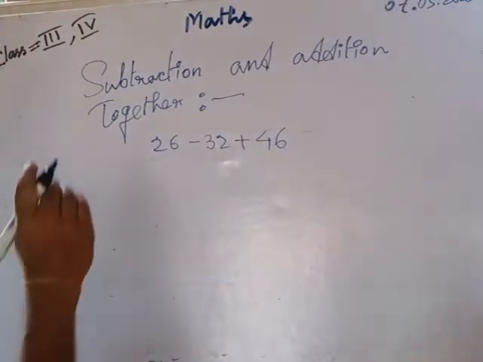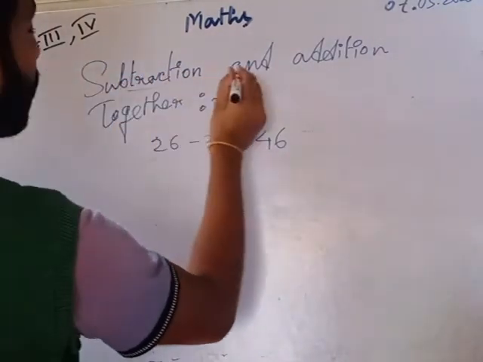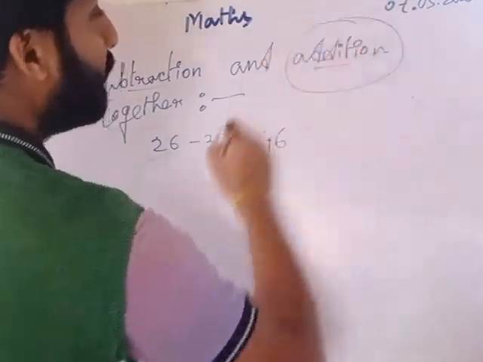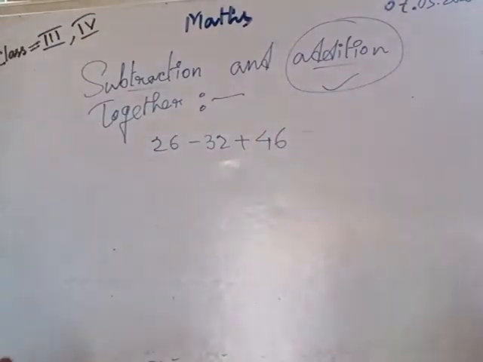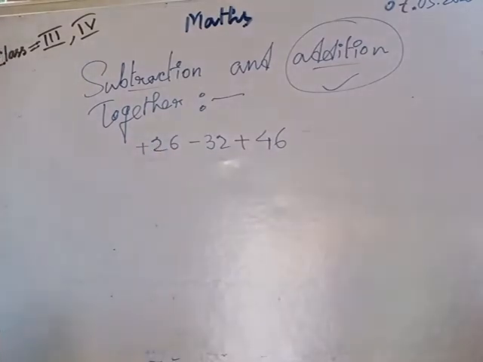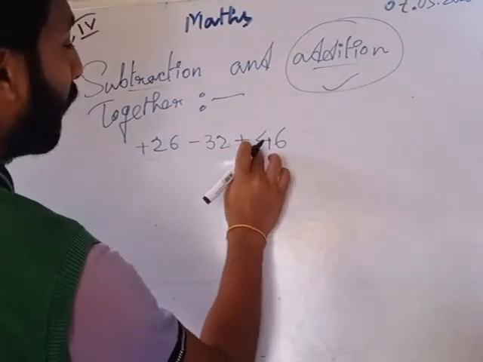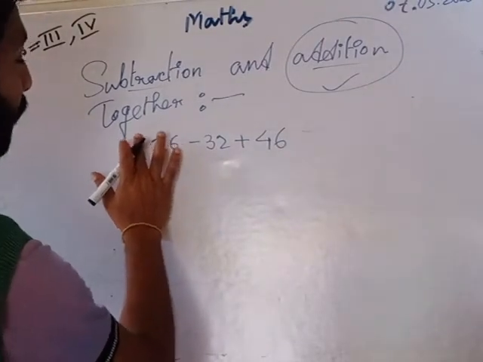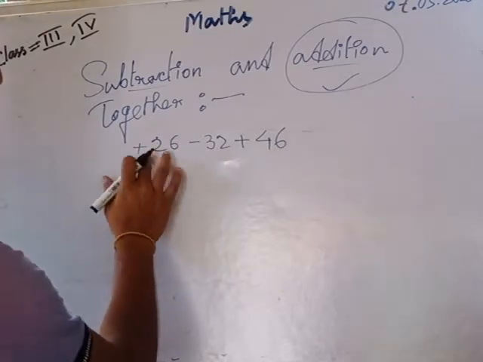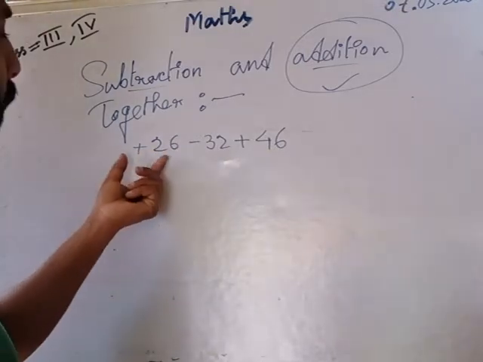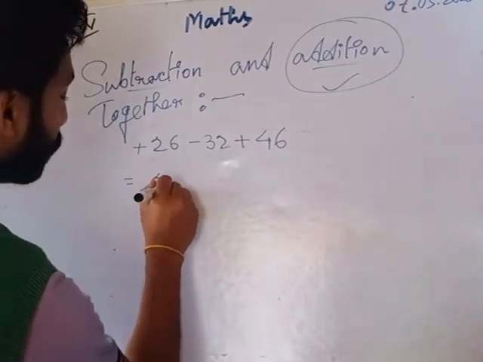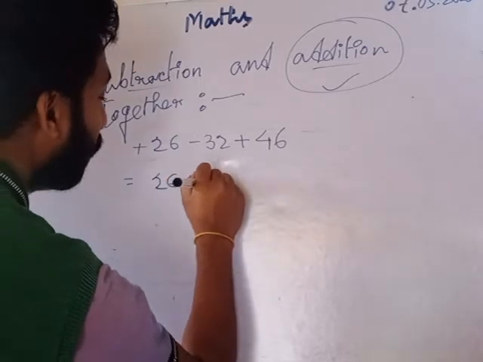That means we should do the addition first. Addition of which numbers? If the previous sign is plus or addition, that means you should add these two numbers. If there is no sign, that means it is positive, plus. Here also plus. So you should add these two numbers, 26 plus 46.